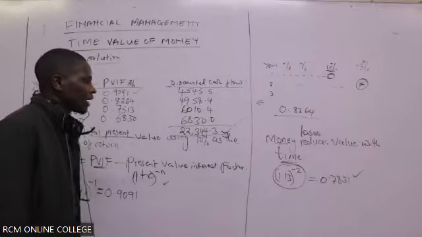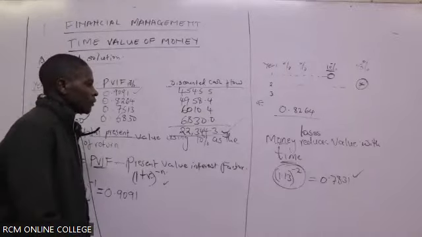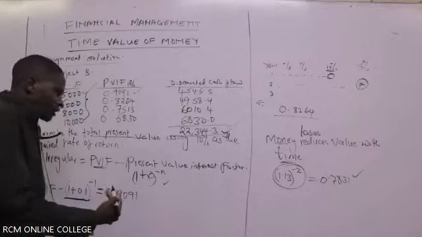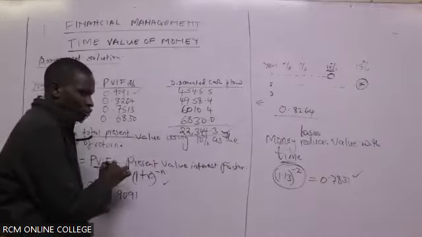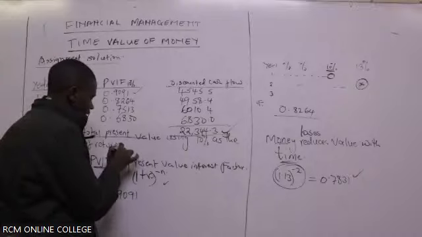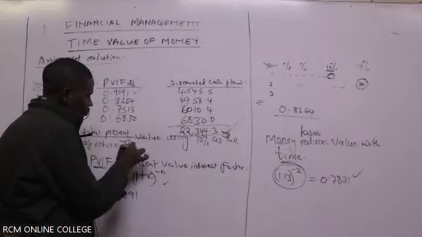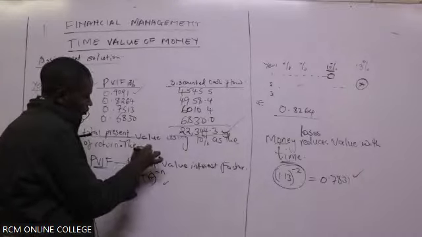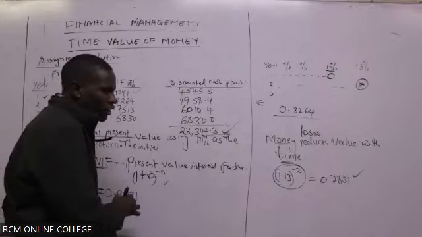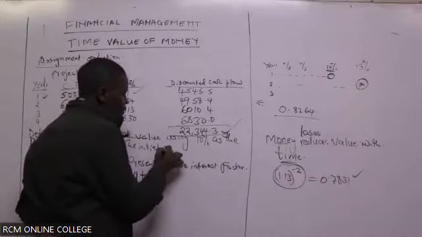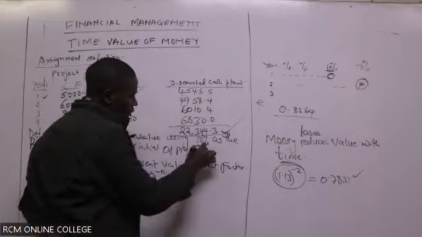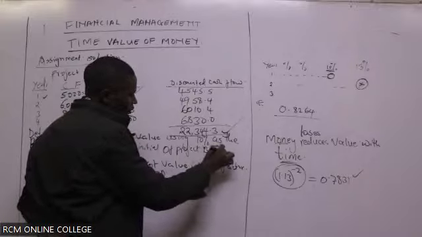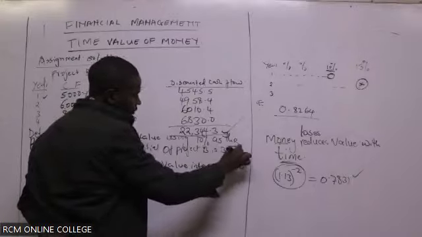Okay, now assume the examiner tells you to add information here and tells you that the initial outlay, we are expanding it now, the initial outlay of project B is 30,000.